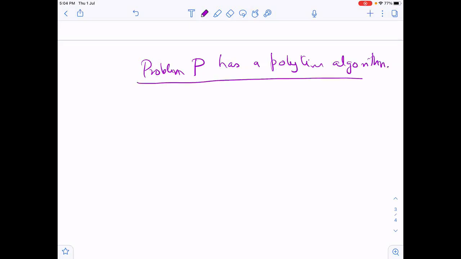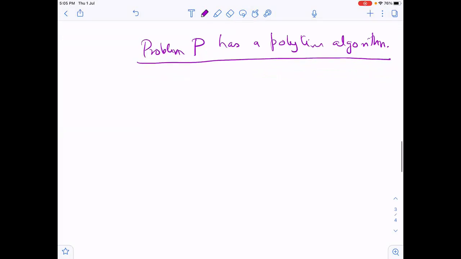What does this statement mean? I've used this term many times, right? Can somebody tell me? It is not exponential, e to the power something. It is n to the power something. It cannot be e to the power something. But what does it mean?